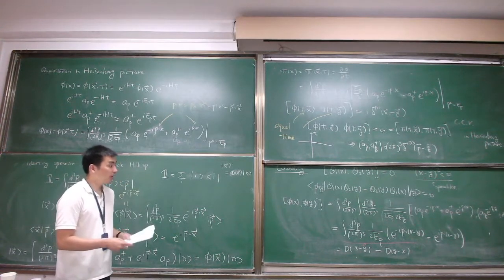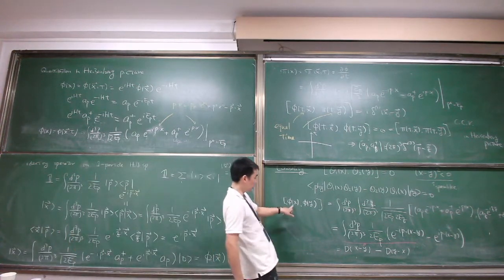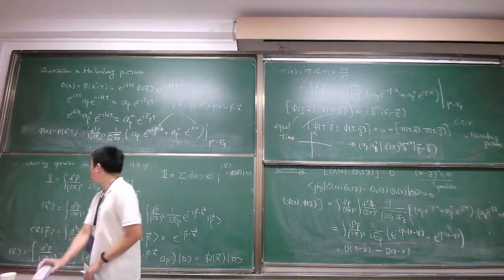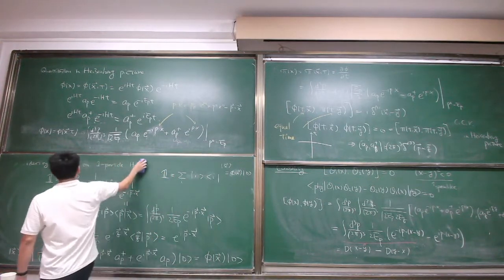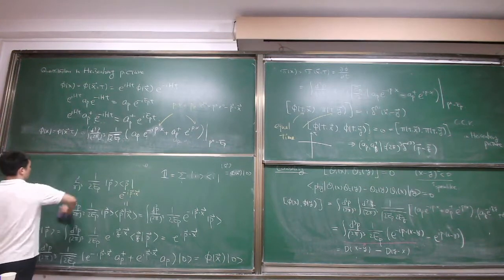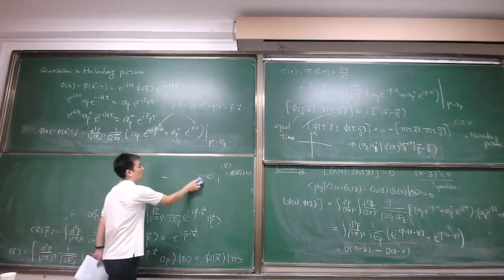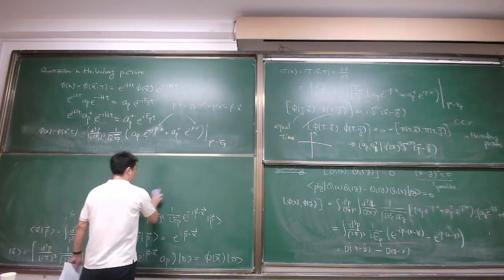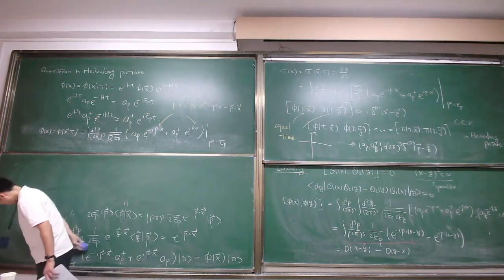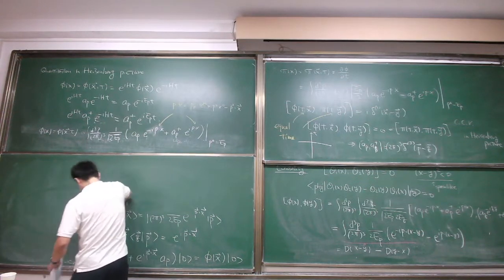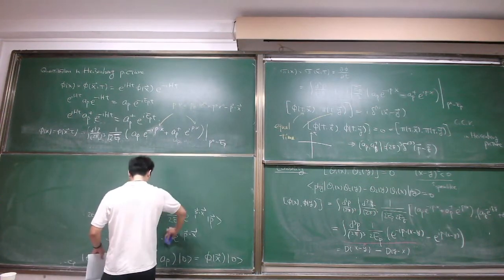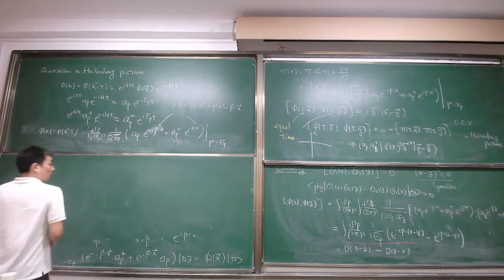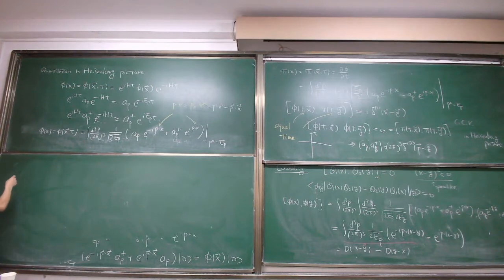What I'm doing here is computing the commutator of phi x and phi y, and we want to see that they obey causality.